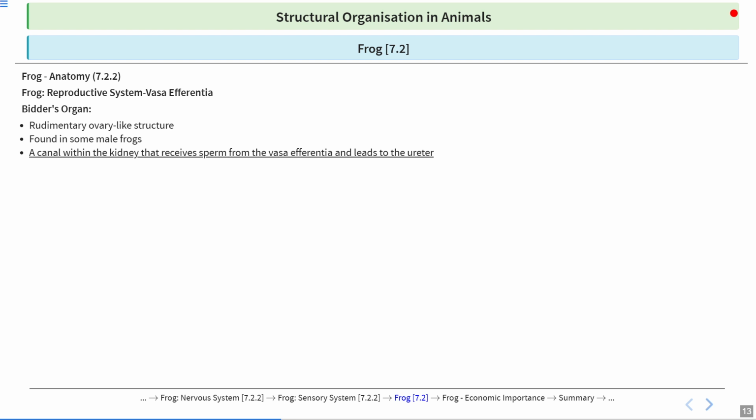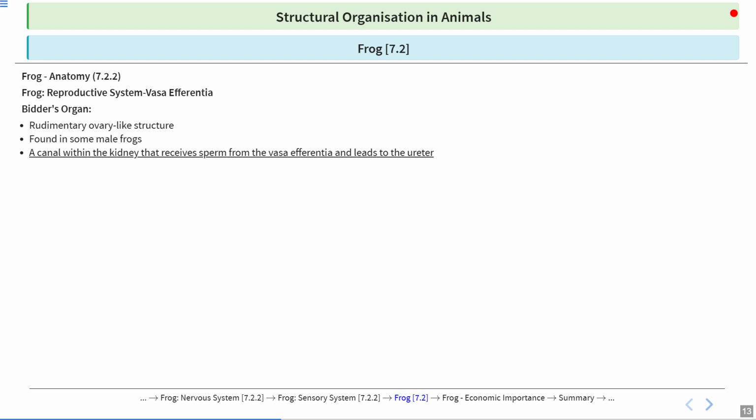The vasa efferentia enter inside the kidney and lead to the Bidder's canal. Why is it entering the kidney? Because it has to pass through the ureter. Only one way for the ureter. The ureter is the only way for passing of urine as well as sperm, right?